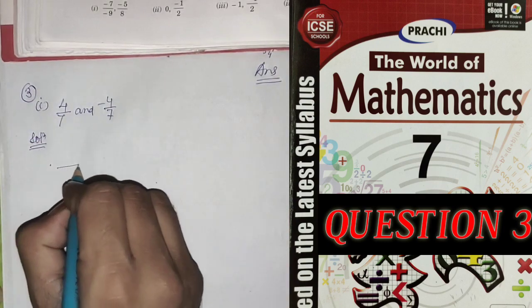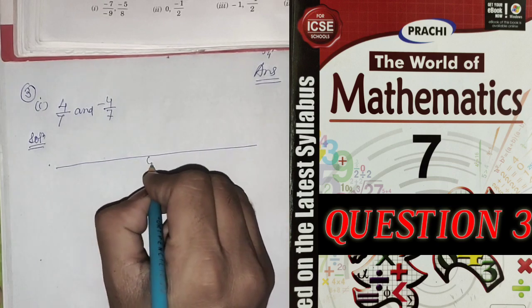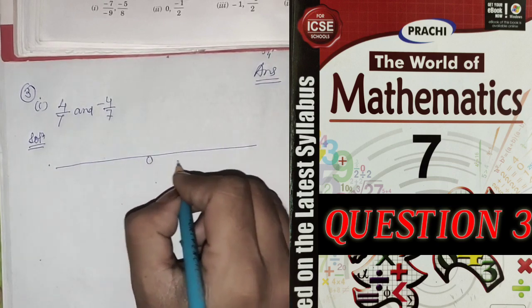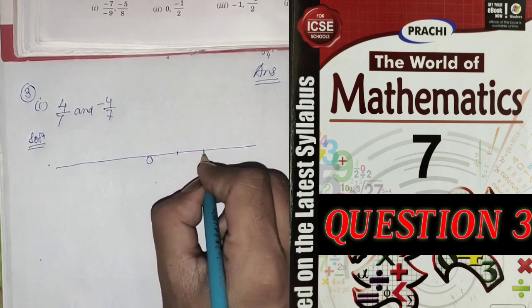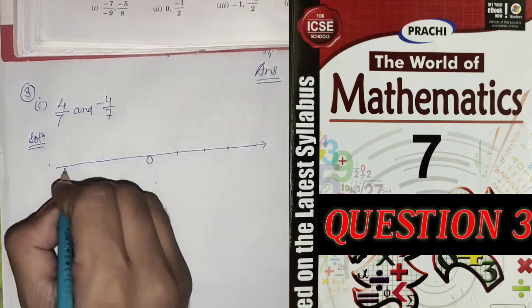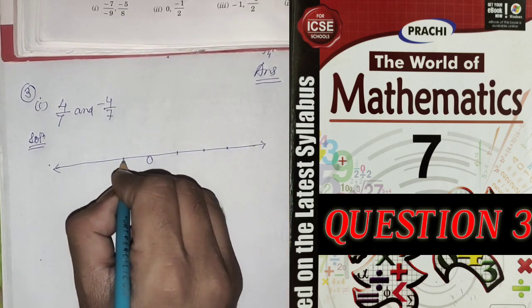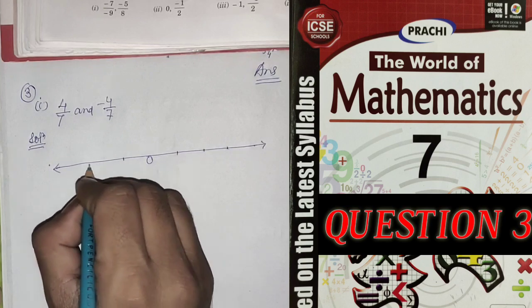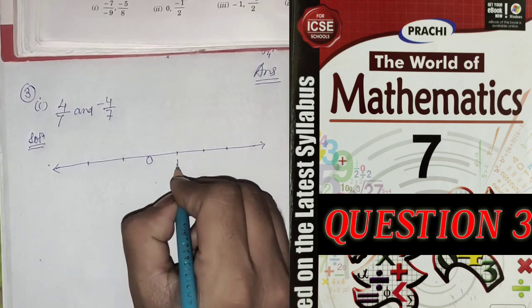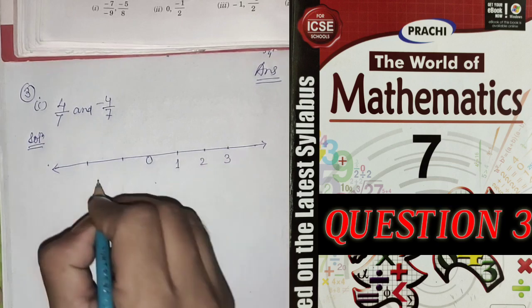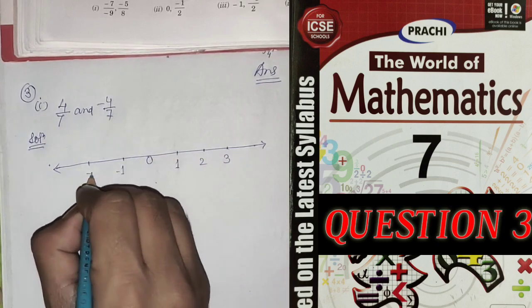Solution: draw a line and mark this 0, and this one 1, 2, 3, and this line continues. In the same way here 1, 2, 3. On this side minus 1, minus 2.